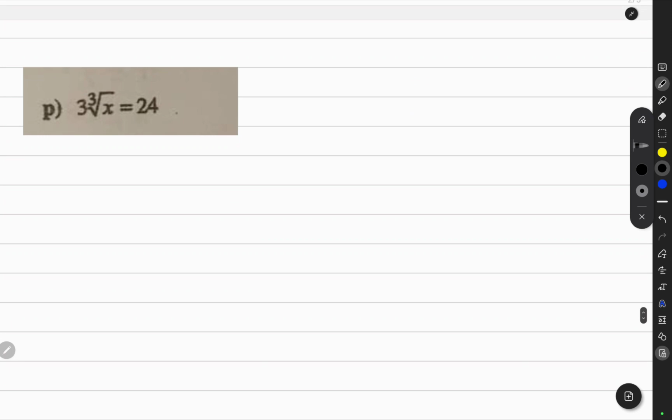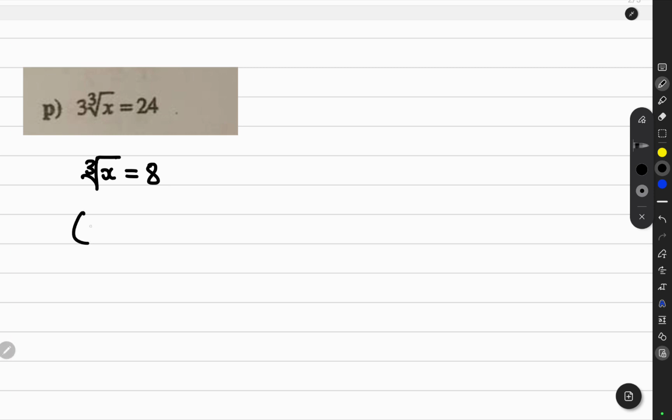The very first thing you're going to do, you'll have to remove this 3 by dividing both sides by that 3. You can have cube root x equals 8, because 24 divided by 3 is 8. Then I'll have to cube both sides, or rewrite. Yes, I can cube both sides.